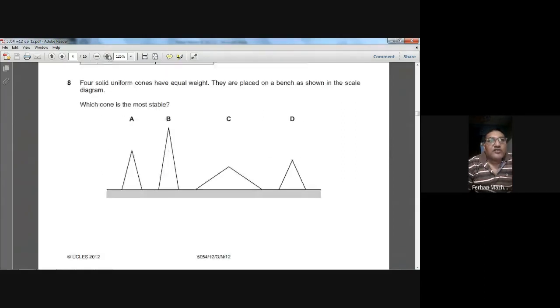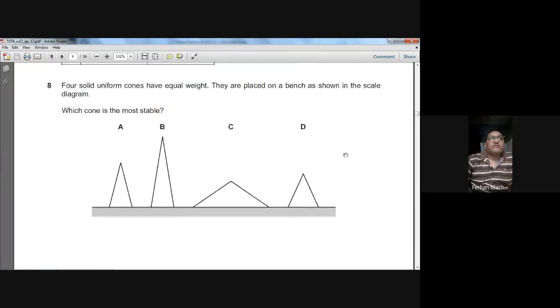Okay, on your screen, we have question number 8. 4 solid uniform cones have equal weight. They are placed on a bench as shown in the scale diagram. Which cone is most stable?